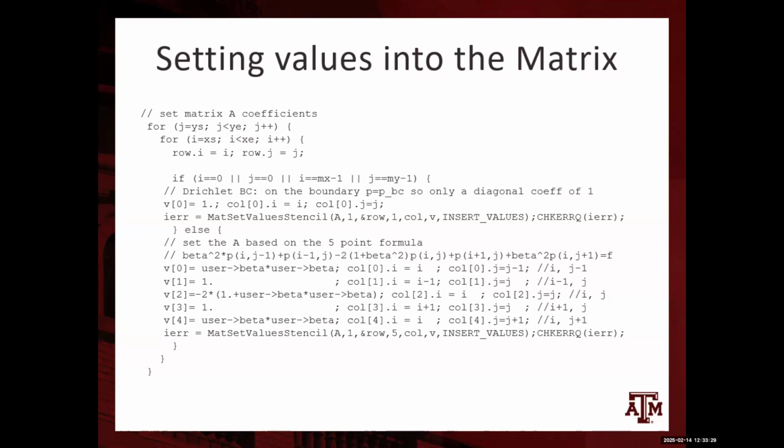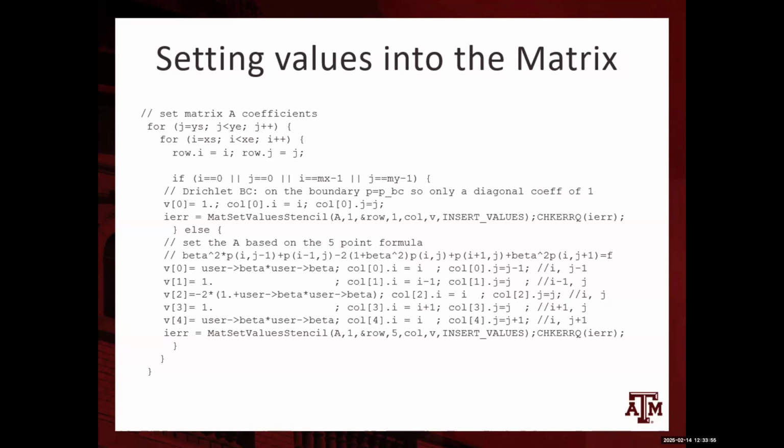Then the column for this value is I, and the j for that one is j minus 1. Again, column gives us where it is in that matrix, based on the value we have, I and j minus 1.